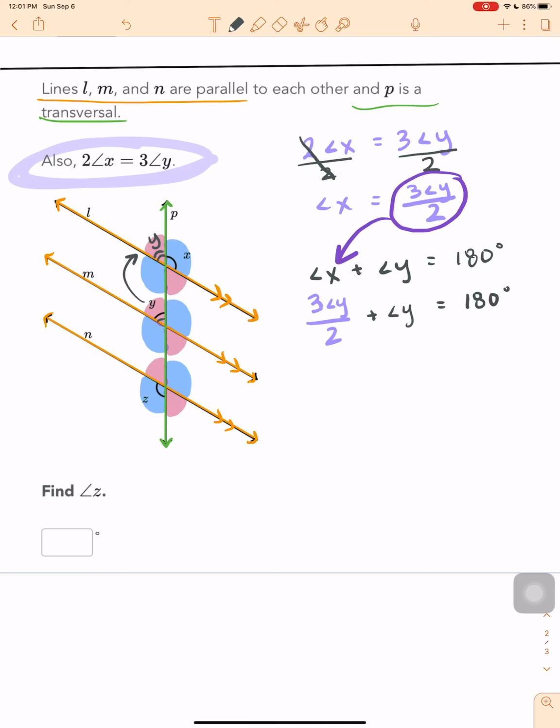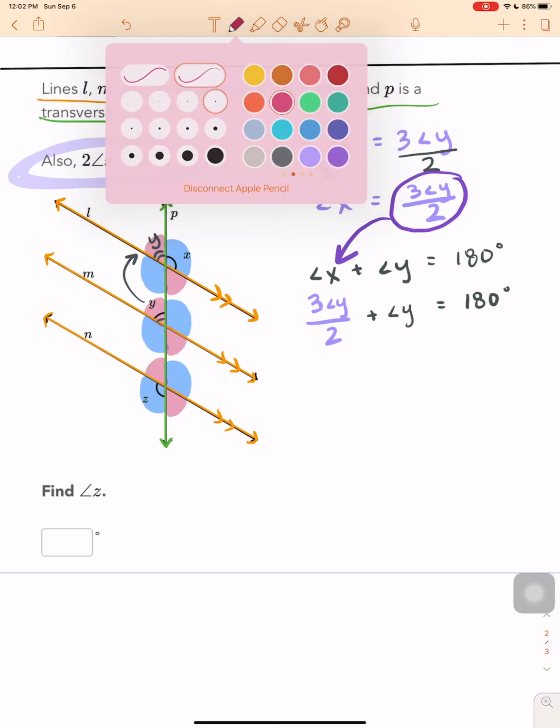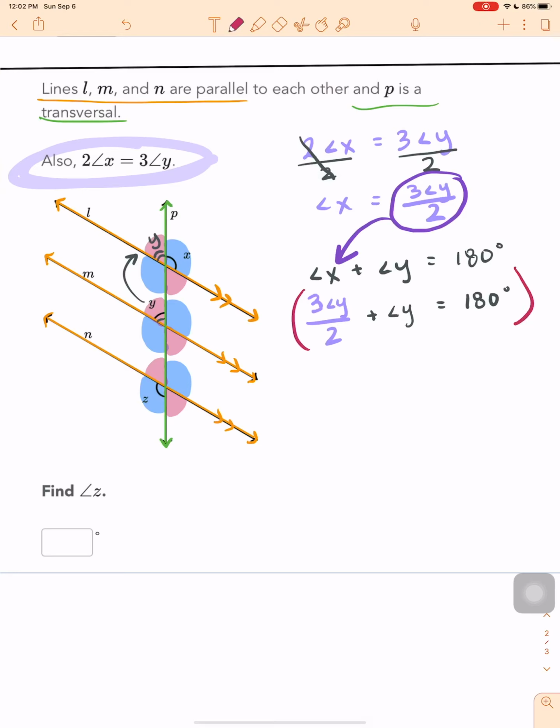So technically I could combine 3 times angle y divided by 2 with angle y. You could always convert 3 over 2 into a decimal and have 1.5. But I want to show you how to eliminate that denominator of 2. If you multiply this entire equation by 2, you will eliminate that denominator. I could just cancel out my 2's, but I'm going to show you why it works.